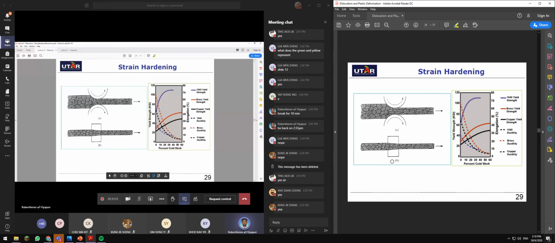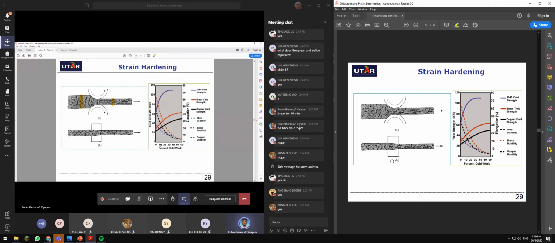For example, rolling. You have a thickness before rolling, and once you start rolling the material, the thickness reduces. When the thickness reduces, it induces permanent plastic deformation, and the grain size becomes smaller. There will be no further deformations after that. Dislocations.